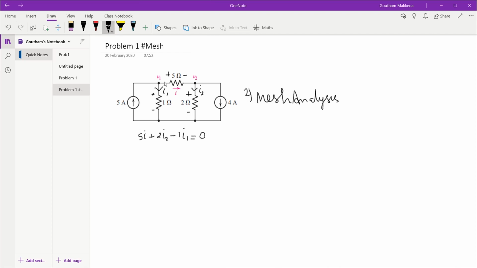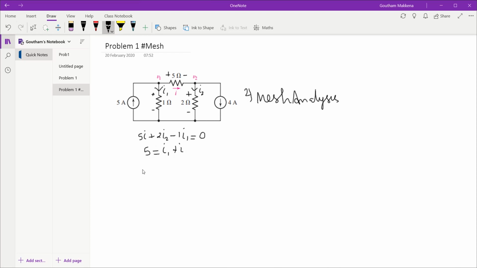Suppose we look at this node V1, we can write a small KCL here. The entering current is 5 amps, which is equal to the leaving currents, that is nothing but I1 and I. So this is also an equation in currents. In the previous problem we took the same equation and proceeded with the nodal voltages, but now we will keep it as it is.